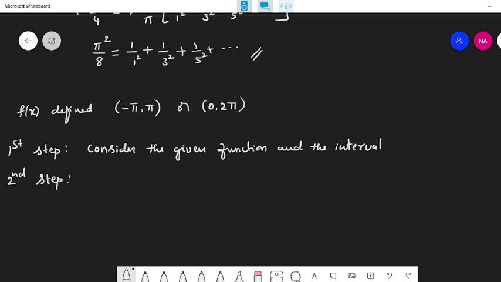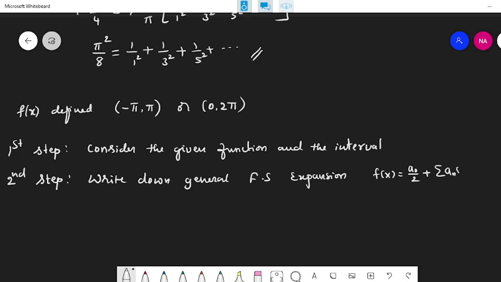Second step, write down the general Fourier series expansion. That is f of x equal to a naught by 2 plus summation a n cos n x plus summation b n sin n x, with n from 1 to infinity.